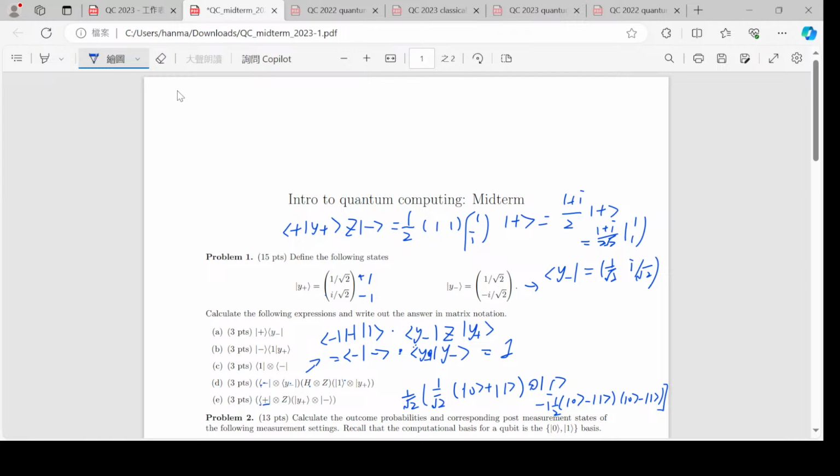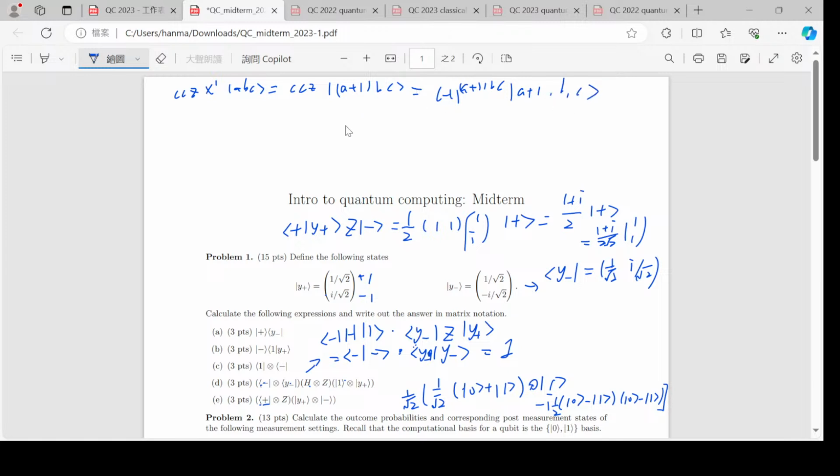So the first one is CCZ and X on 1 on ABC. So this is CCZ and X on 1, so X will just turn A into A plus 1, and BC. And this equals -1 to the (A plus 1)BC, on A plus 1, BC.